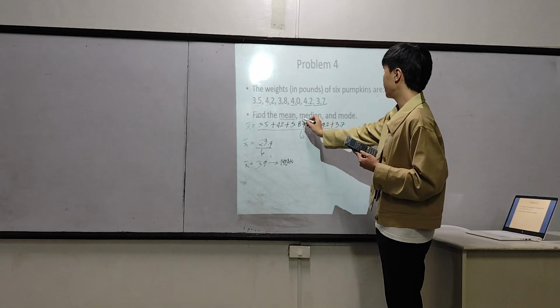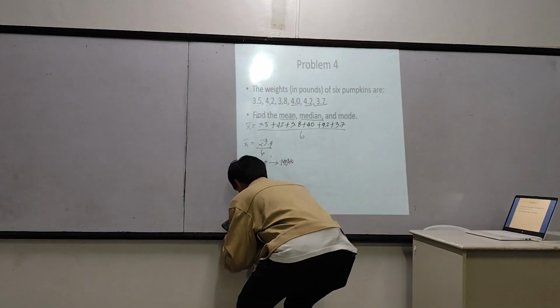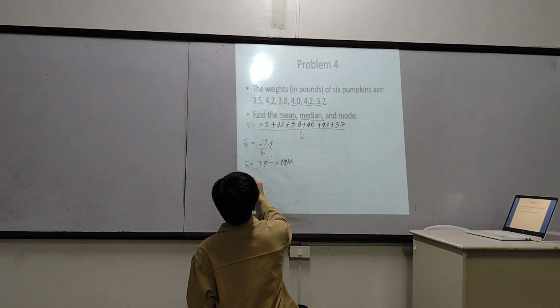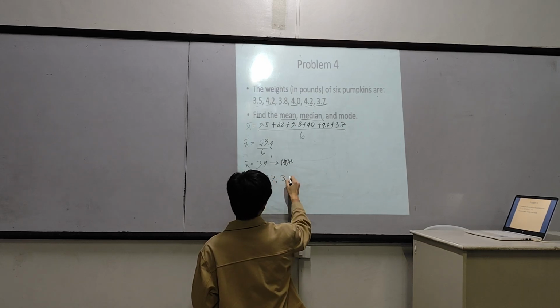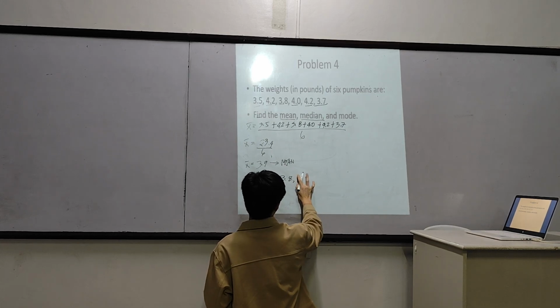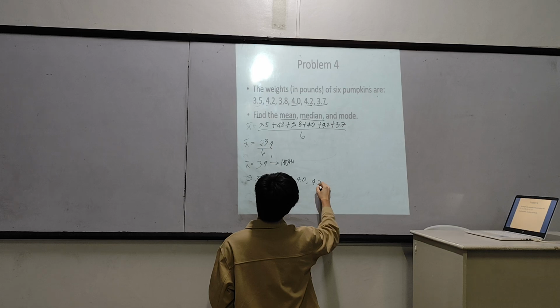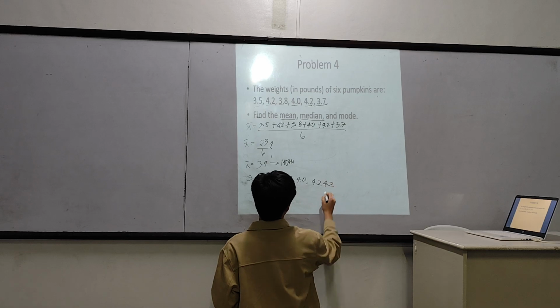Now to find the median, all we need to do is arrange it in order from least to greatest. As we can see, the least number is 3.5, followed by 3.7, followed by 3.8, followed by 4.0, followed by 4.2, followed by 4.2.